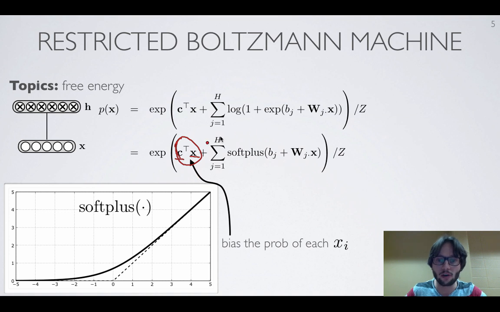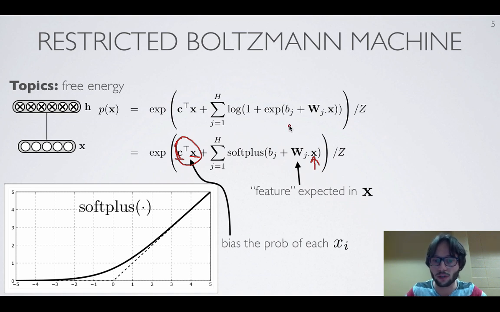So this term here is now going to model dependencies between the elements in the input vector. For that to become big, we want the input vector to be well aligned with the rows of W. So for a given hidden unit j, if the dot product between the jth row and the vector x is big, then this term is going to become big.